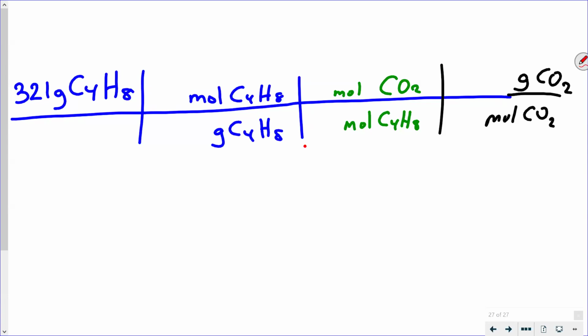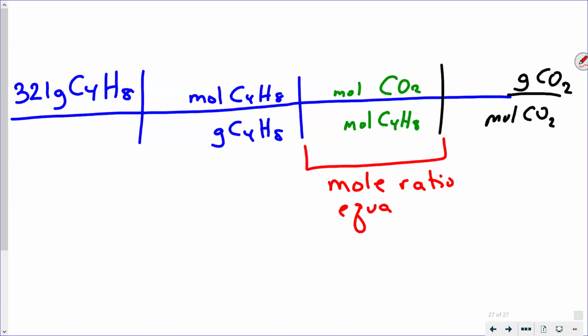This piece right here is the mole ratio from the equation. So according to the balanced equation, what's the number in front of CO2? From that equation, it said 4.